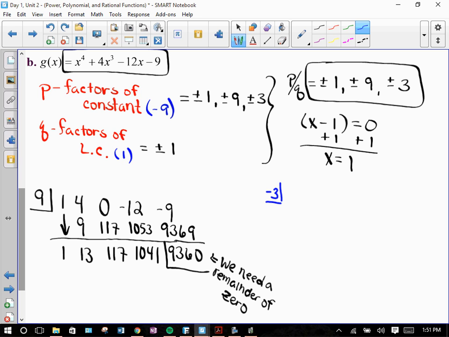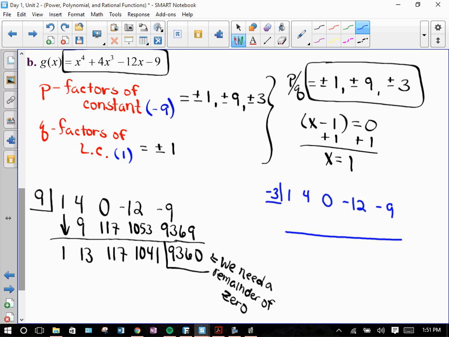So what's the first thing I need to do? Write down all the coefficients. Alright, so we have 1, 4, 0, negative 12, negative 9. Right?